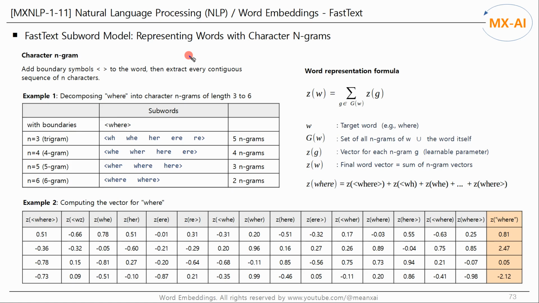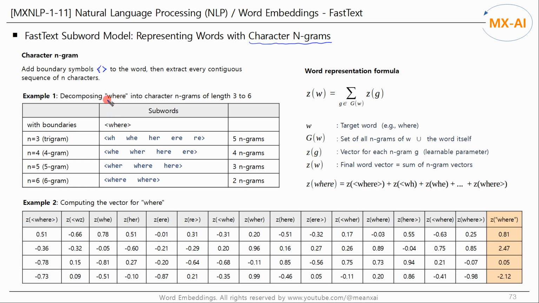Now, let's move on to the first core idea of FastText, the Subword model. The key idea behind the Subword model is to represent a word as a set of character n-grams. A set of character n-grams means all consecutive character sequences extracted from a word after adding boundary symbols.